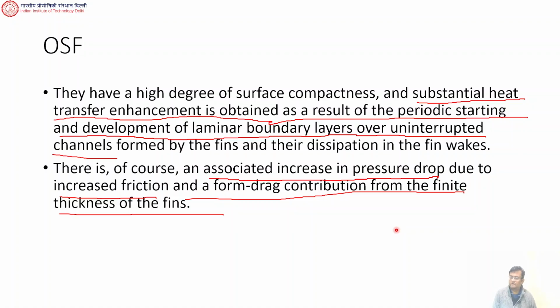So OSF, offset strip fin, that sort of plate fin heat exchanger is actually quite popular, and it's compact. It gives you substantial heat transfer enhancement because we're using so many fins, right? So that will increase heat transfer, and that will give you a high value of that beta because you're increasing area significantly.